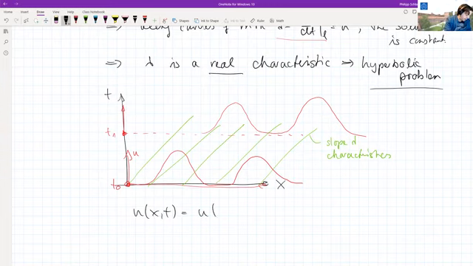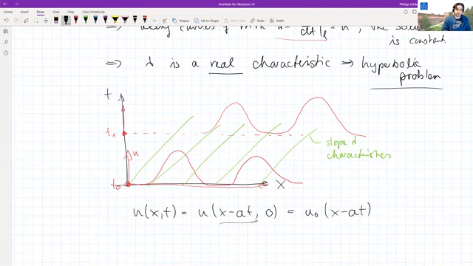In this case, it would be u at x minus at, comma 0. Here we have this convection speed included in the argument. Or if I have an initial condition given as u0 at time 0, it would be u0 of x minus at.